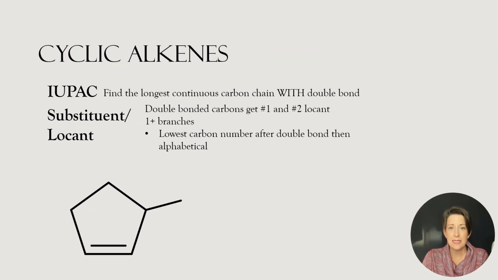Now looking at a cyclic alkene that has a substituent with it. Like we've done before, determine how many carbons are in that cyclic ring. We have 5 carbons. That means we know we have a cyclopent. Then we can also see that there is a double bond within that ring as well.